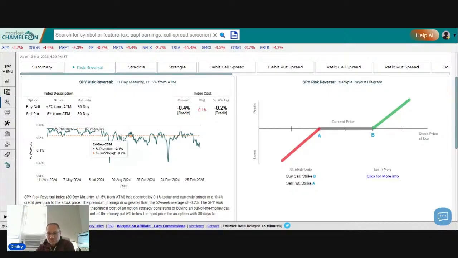So this gives us an idea, even in the last 52 weeks, where those extreme values were, which looks like around 0.6%. So we're at 0.4% right now, but just looking at it eyeball, let me try to hover over it here. I think this is like 0.5%.